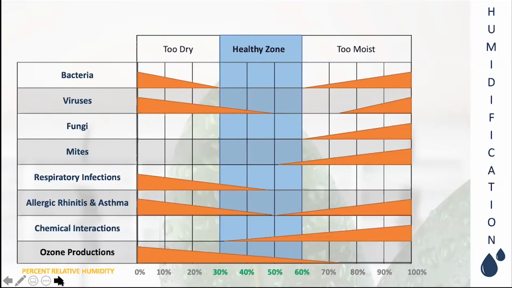And the theory behind that is twofold. In our healthy zone of 30 to 60% relative humidity, two things happen. Number one, the airborne contaminants, like the SARS-CoV-2 virus, will not remain airborne. It will be able to absorb small levels of moisture, making it heavier and fall from the airstream.